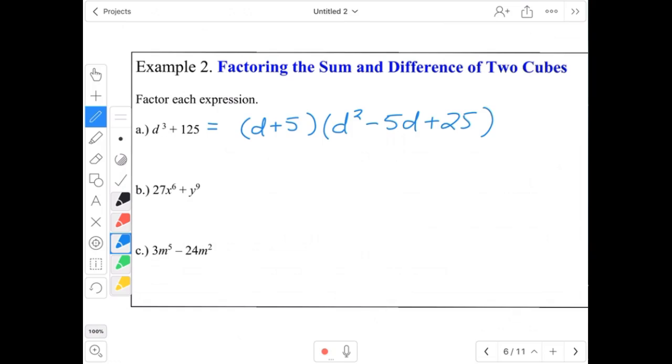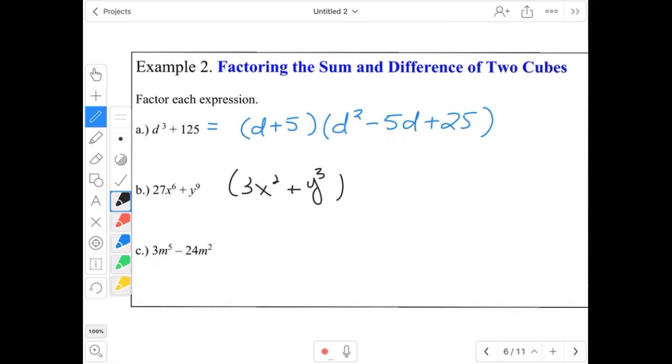And then if I broke that x to the 6th power down into 3 equal parts, that would give me x squared in each of those. So simply my a term is going to be 3x squared, and then my b term would be y to the 3rd power.